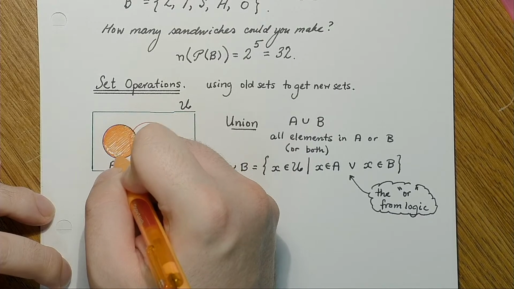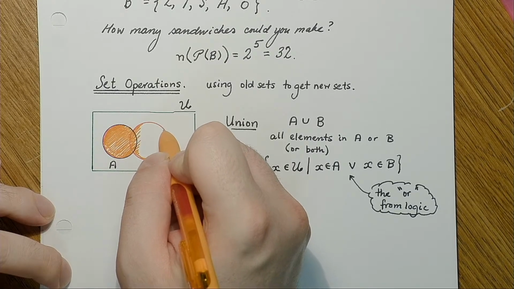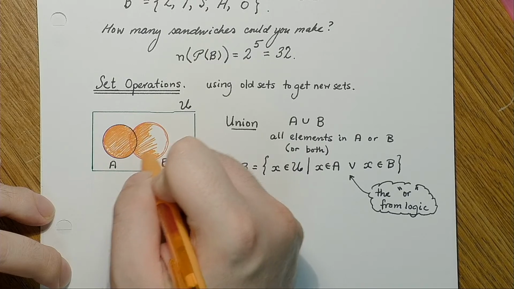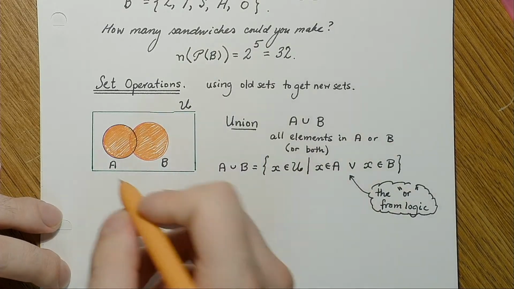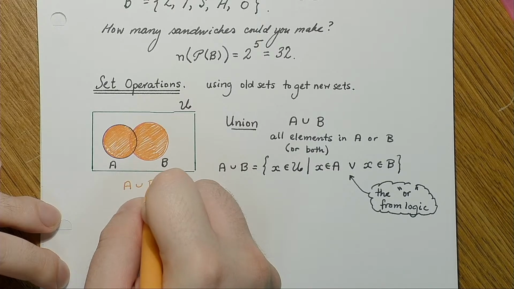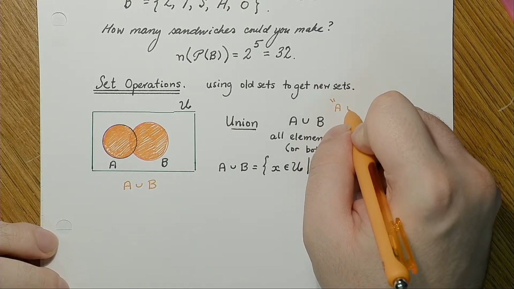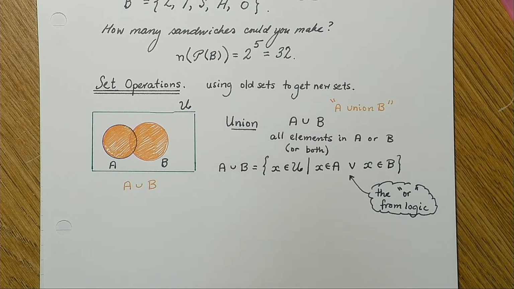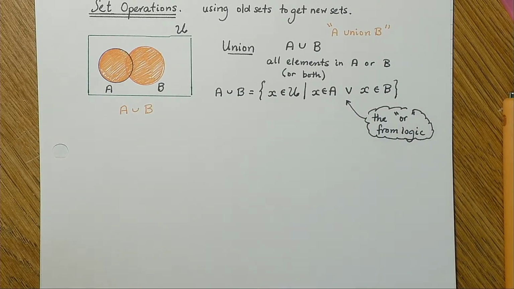So it's everything in A, or everything in B. I'll label that as A union B, read as A union B.